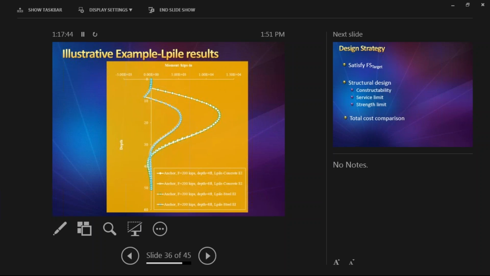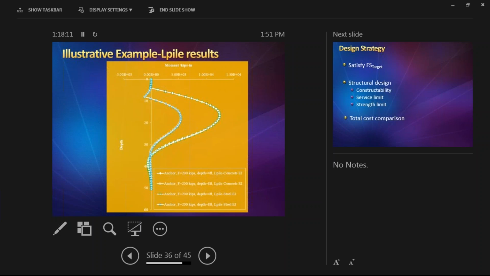Deflection also can or cannot be an important consideration depending on the application. If structures like bridges are nearby the slope stabilized by this technique, you certainly want to minimize the amount of deflection on the slope with the installation of the drill shaft. So you need to design your drill shaft so that the deflection will satisfy the structure requirement.